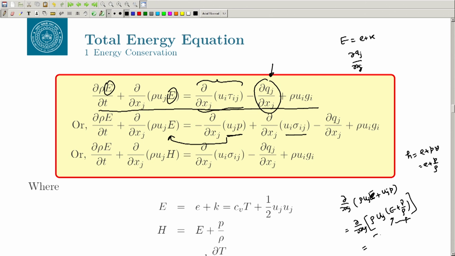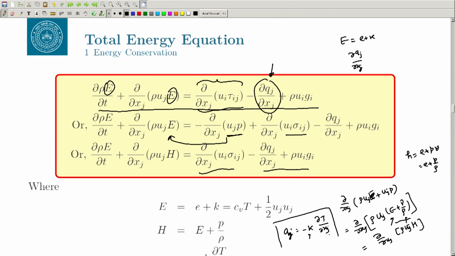So, you can write del by del x j of rho u j h, by just taking your pressure term on the left side, and the remaining terms are as they are. And then you can use Fourier's law. So, q j is equal to minus k, where k is the thermal conductivity, times del T by del x j.